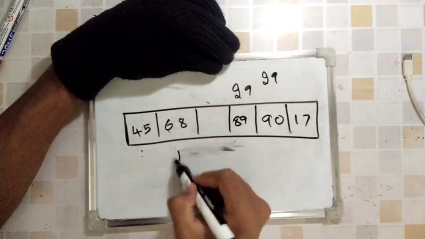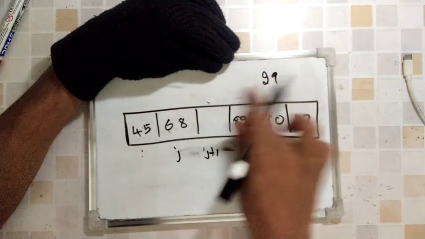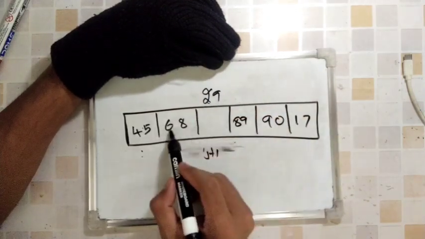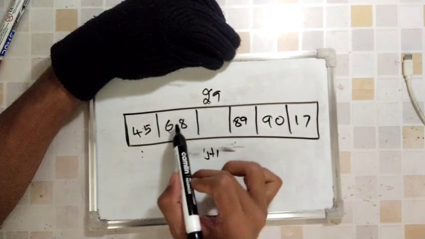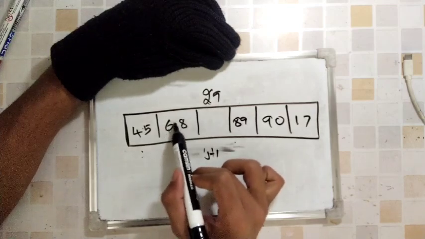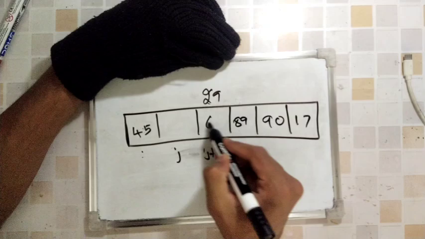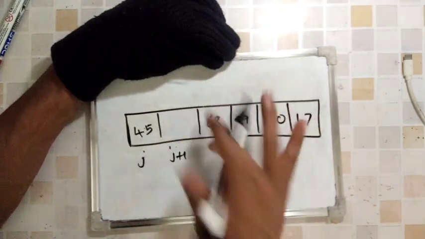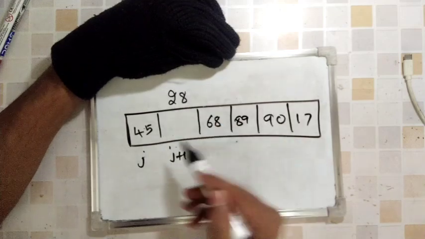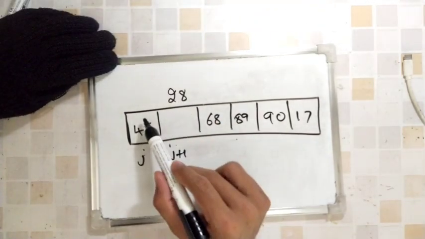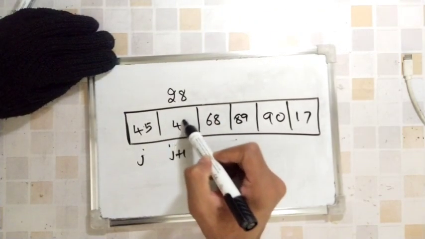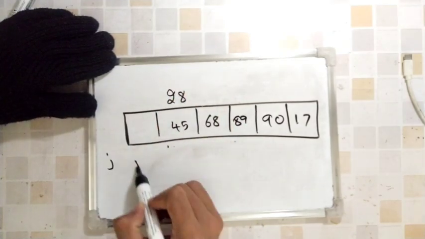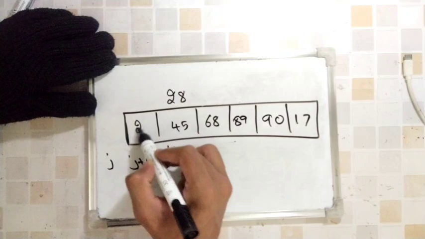Then j and j plus 1 are here, my key element is here. If I want to fit it over here, but I see in the left place the number is greater, so again it goes here. Again you see this element is greater, so 45 goes here, then j is at the -1 position, j plus 1 is at the 0 position, so 29 comes and fits here.